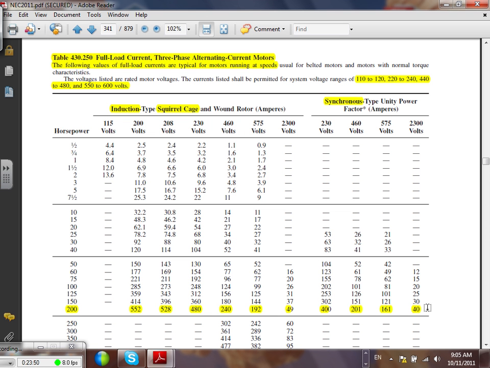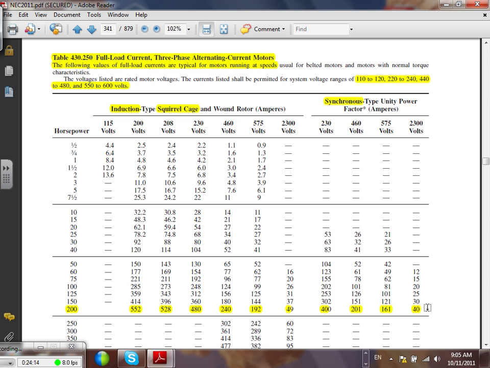Before we go directly to the example. Use the nameplate as opposed to this? There are two full load currents for every motor. One full load current, guys, comes from the nameplate. That's used only for the overload. The other full load current comes from the NEC Codebook, and it's used for everything else. Remember this, you will never forget it. There are two full load currents.